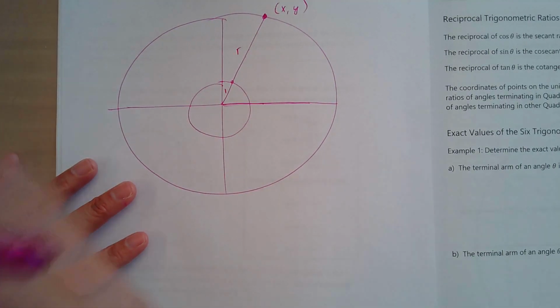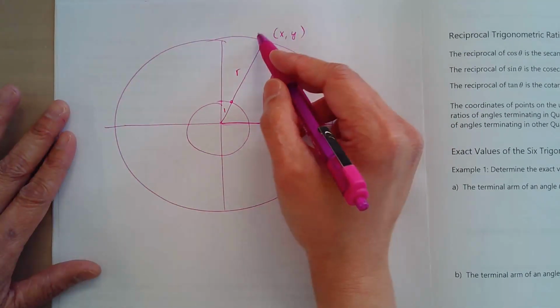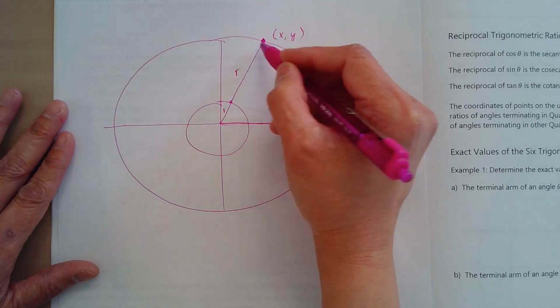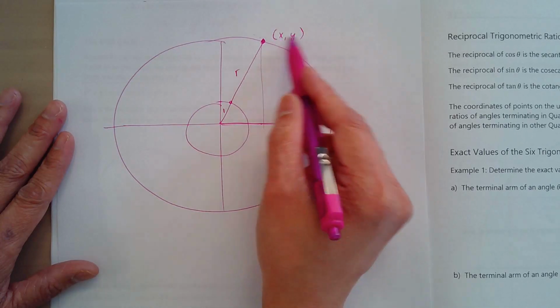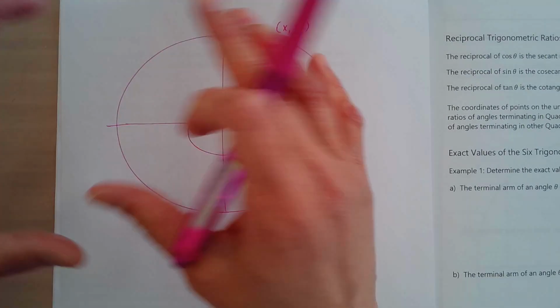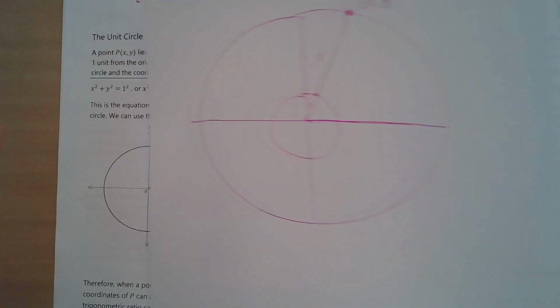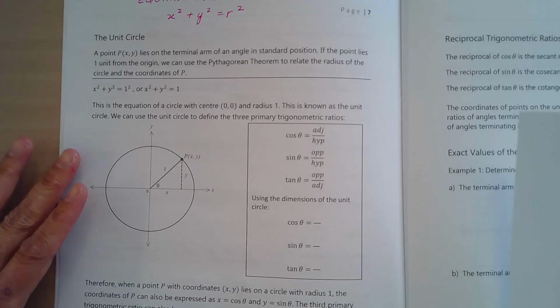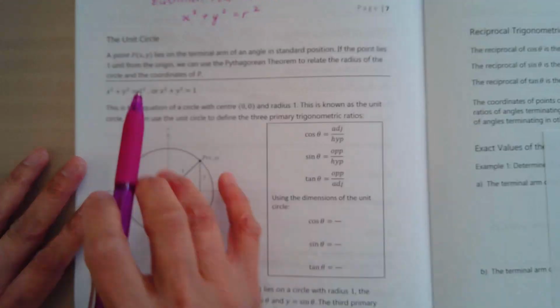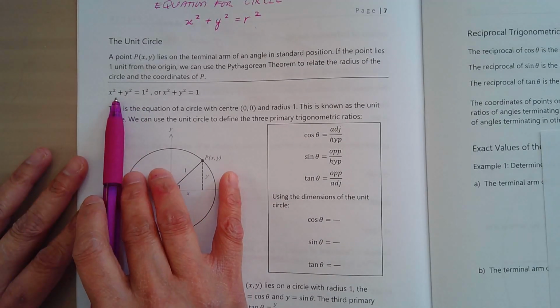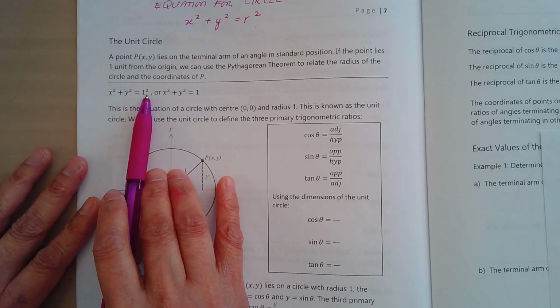Okay? So sometimes we're looking for the x value and the y value and the r so that we can create the trig ratios that we're going to see right away. So here, it's going to be x squared plus y squared equals 1 squared.